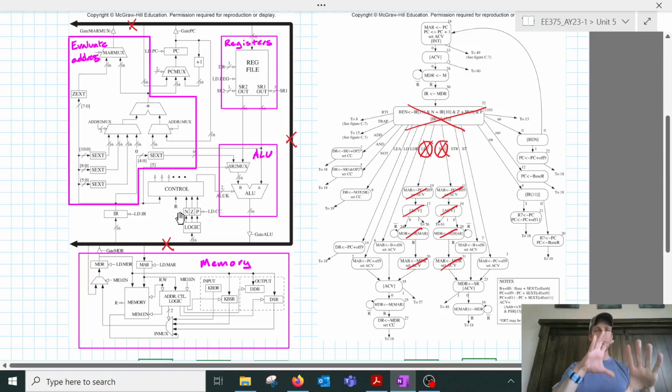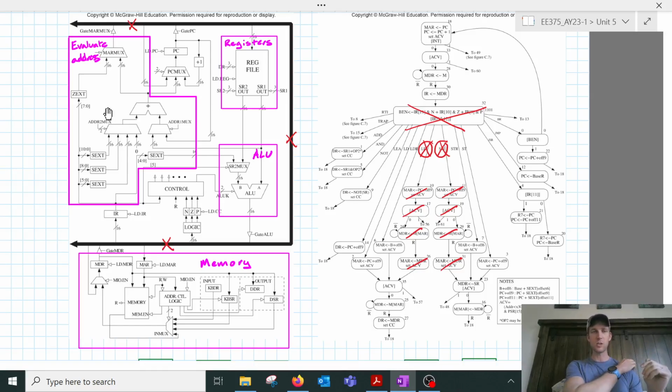Additionally, I can broadly separate the LC3 into a couple of key sections. I've got my registers up here where I'm storing values. I've got my ALU, which is doing that computation. I've got some memory where I'm reading and writing my instructions and my data. And then I'm going to categorize this section up here as the evaluate address portion of the instruction cycle in my LC3.